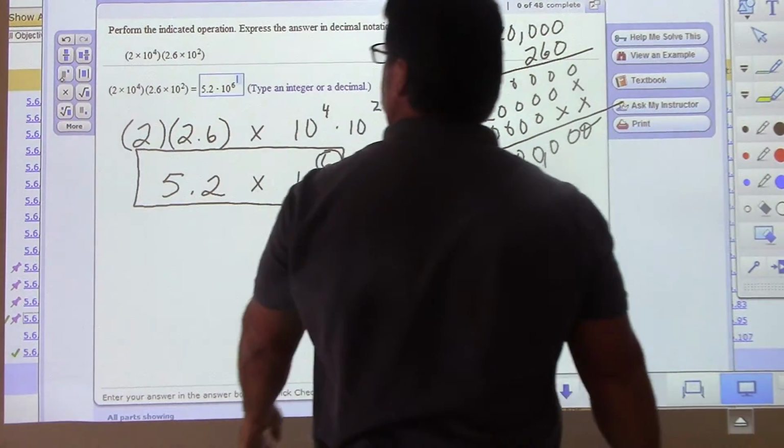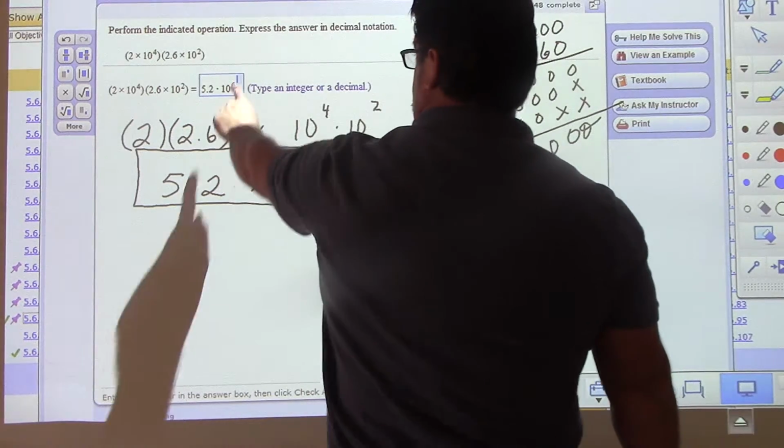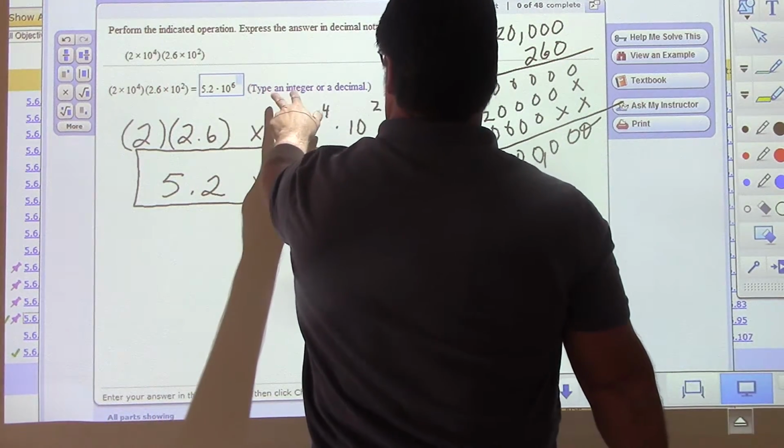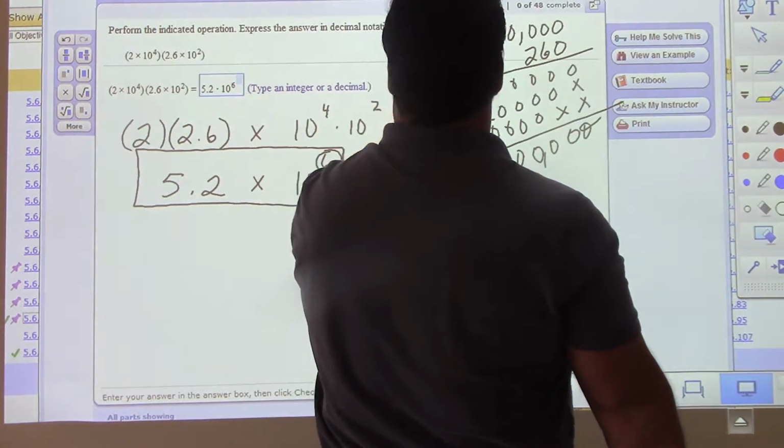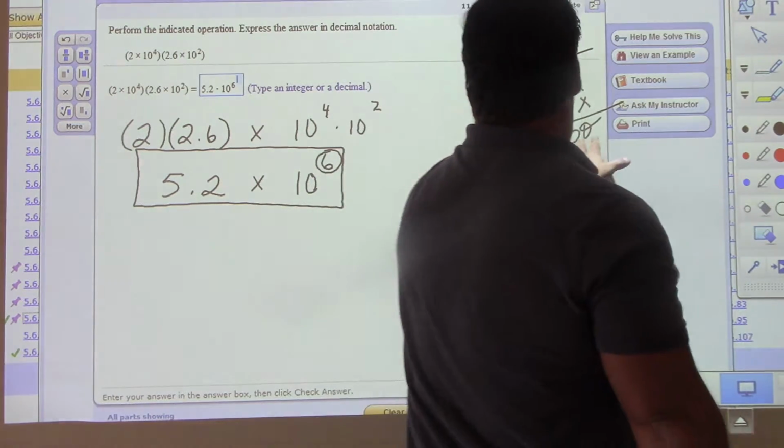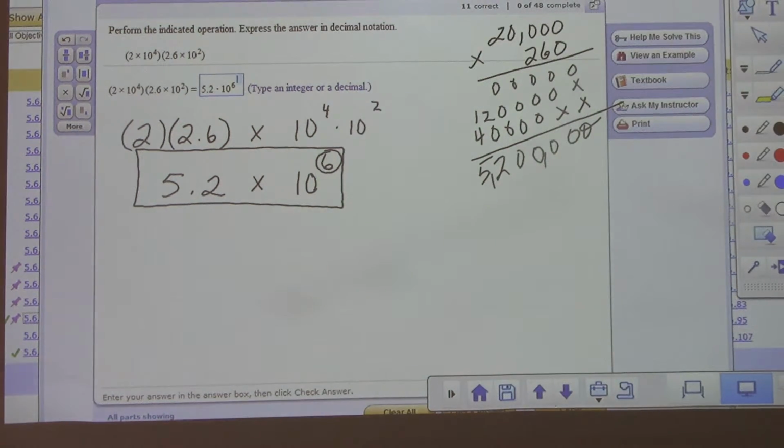I just didn't know if we were supposed to write it like that. Right, this one says type as an integer, so it may want this. Integer is a 25-cent word for whole number. Hold your pinky up and say integer. I'll take either.